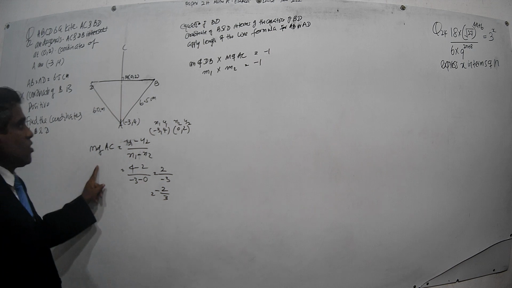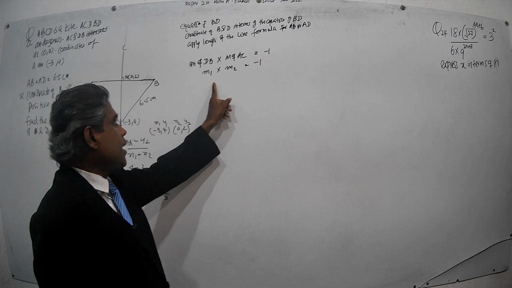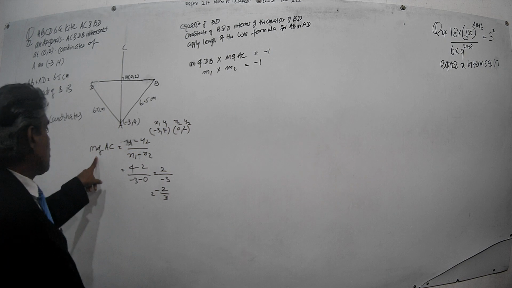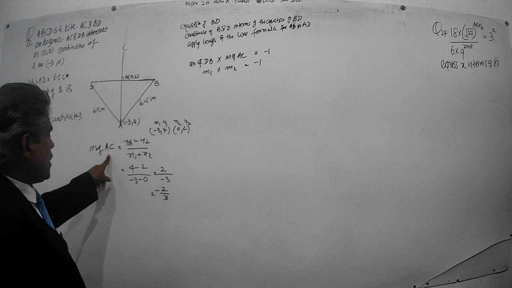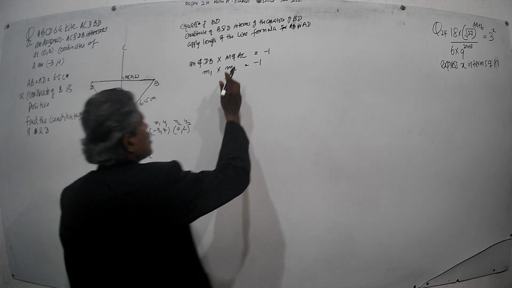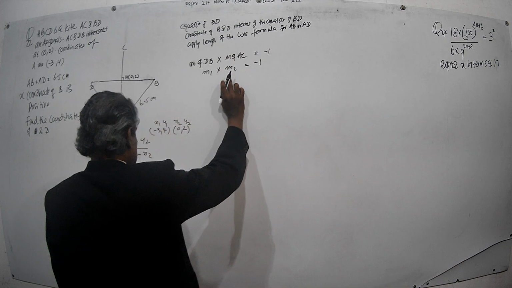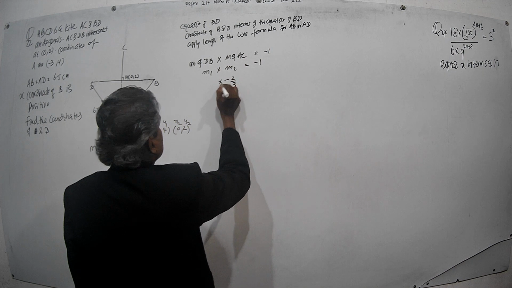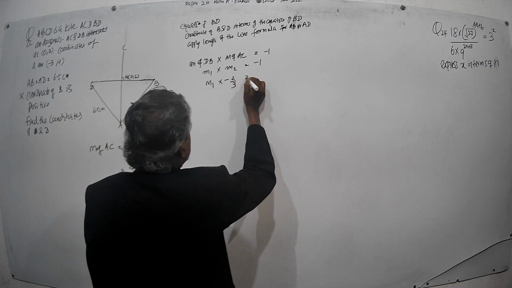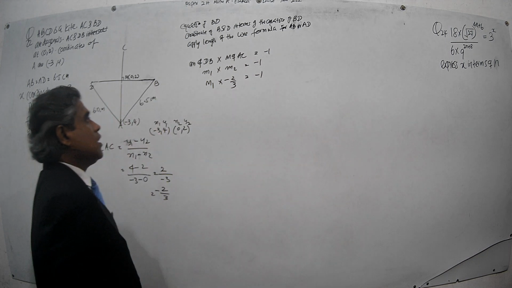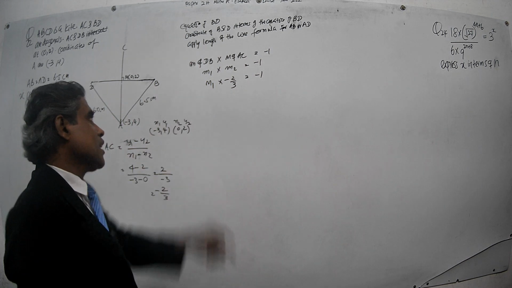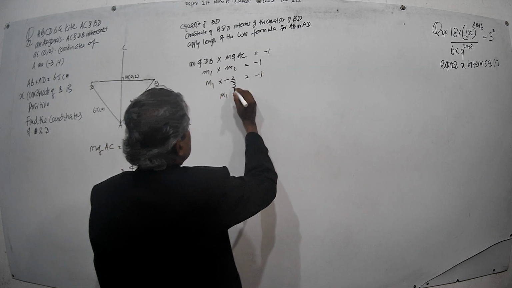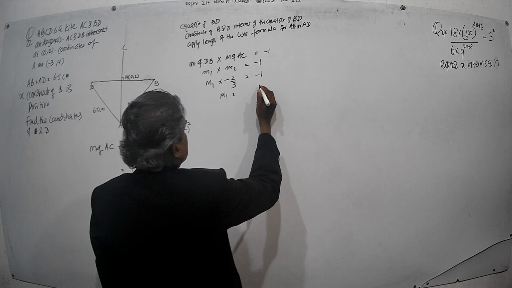Then we apply this with the gradient of DB to find the gradient of DB. Gradient of AC is M2, and we substitute that -2 over 3 into M2, with M1 being the gradient of DB. Then -1, leaving M1 on this side, take that to that side: 3 goes to that side and becomes multiplication, and M2 is taken to that side and becomes division.